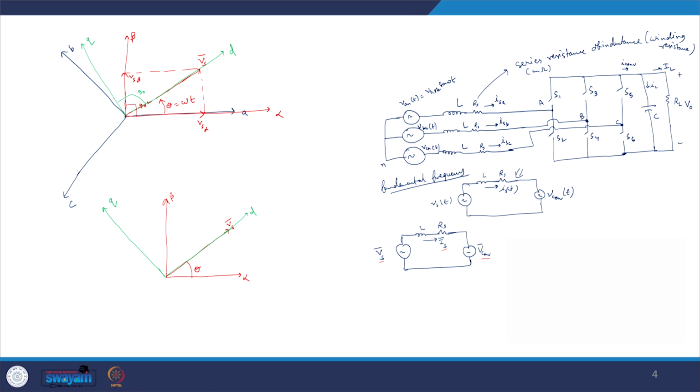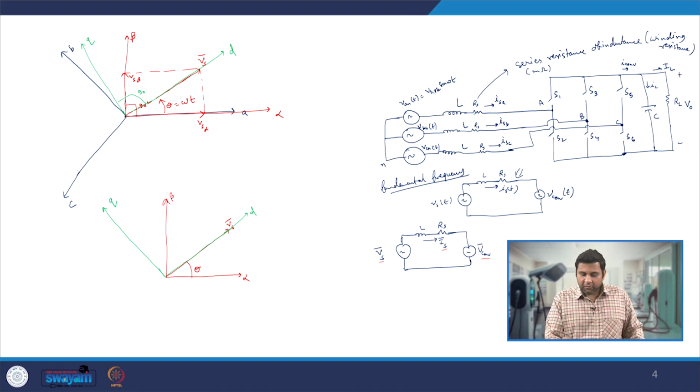We have aligned our d axis along this Vs space vector, because we know that the supply ABC phase voltages which we are applying are constant in a system. However, the current Is drawn from the source depends upon the operation of the converter, and the V converter applied is again dependent on the operation of the converter.